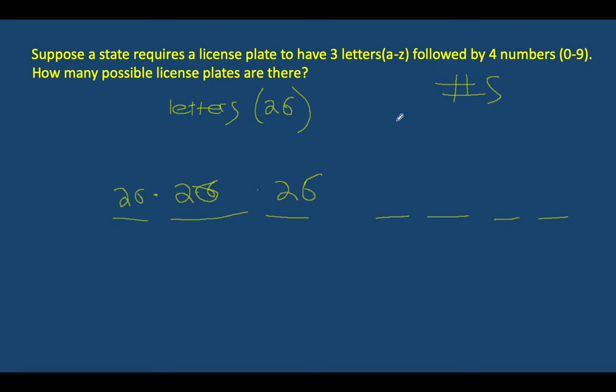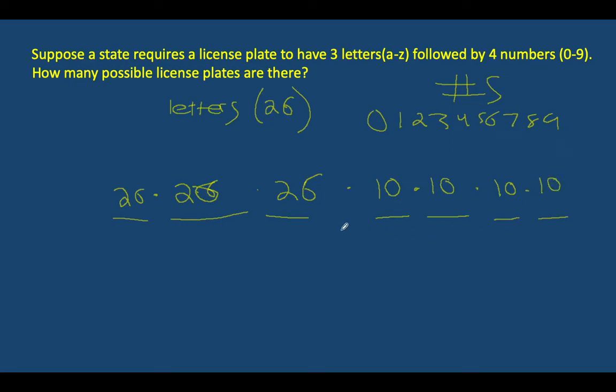Numbers, 0 through 9. How many values are there? Well, there's 0, 1, 2, 3, 4, 5, 6, 7, 8, 9. So we have 10 options. So don't just say 9, because I know 9 minus 0 is 9, but there's actually 10 options because you could choose any digit from 0 to 9. So I could have any of those 10 numbers in this slot, in this slot, in this slot, and this slot.